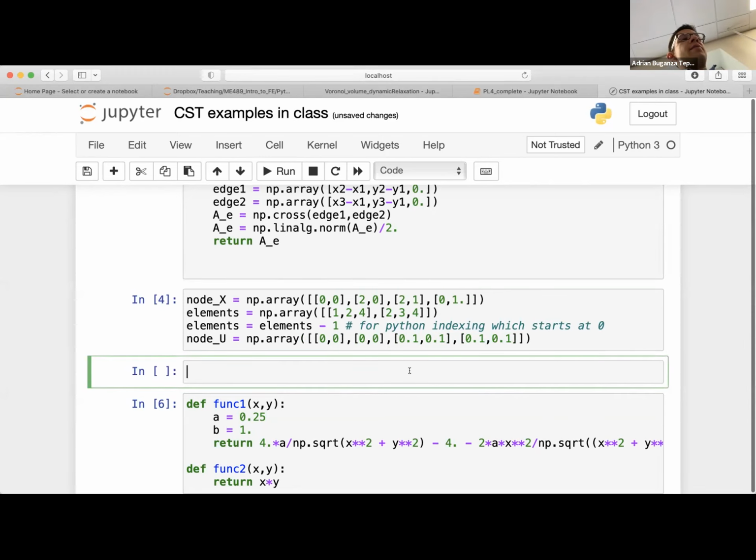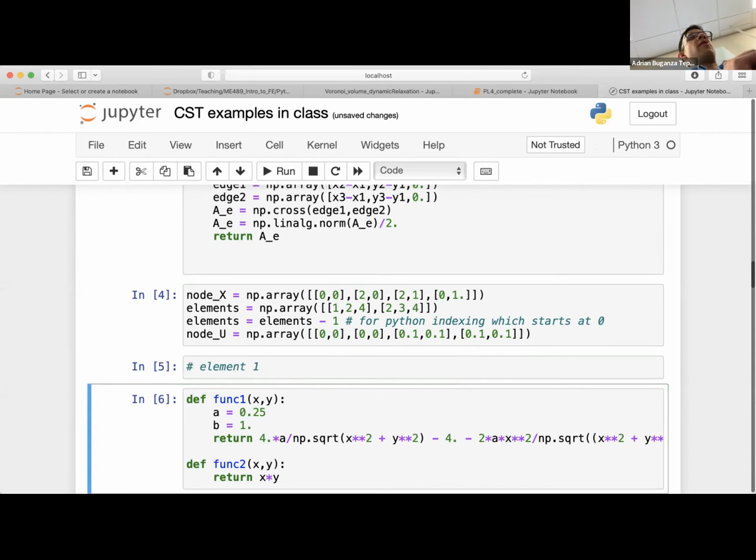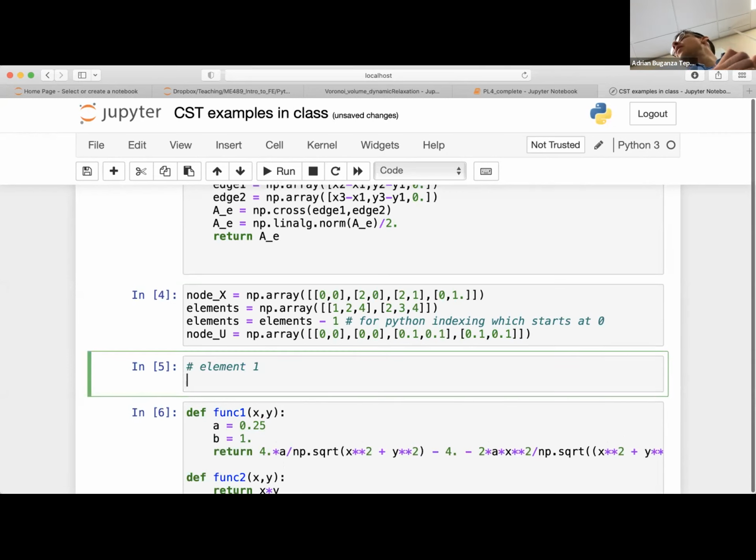For element 1, I won't have time to do the whole thing, but the displacement is actually a function of x and y. It has an x component, which is evaluating n1 at some x and y, right? And I need to pick which x and y to evaluate.